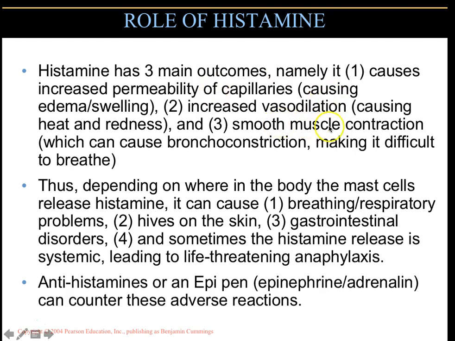And then last but not least, smooth muscle contraction. And that is going to cause a barrier. Very often tissues and organ systems have smooth muscle as like the next to last layer. So when that becomes contracted, it becomes difficult for a pathogen to spread from one organ to another.